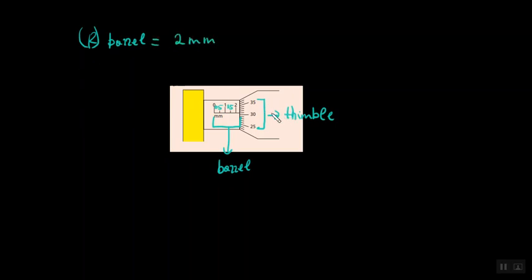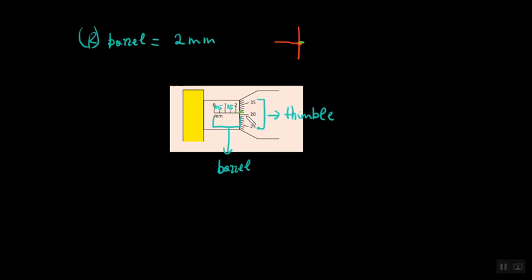Then I have to read the reading of the thimble. So what will be the reading of the thimble? I again have to look at where they are perpendicular to each other, like this again. They're perpendicular over this point.